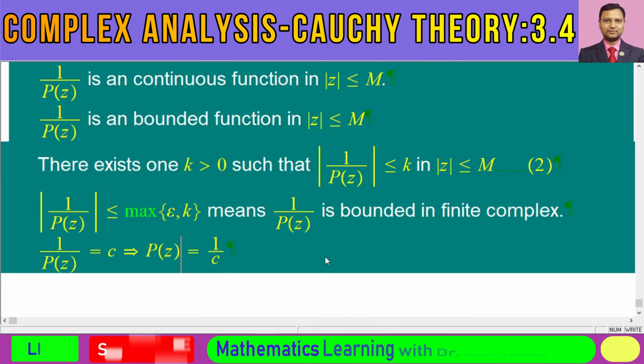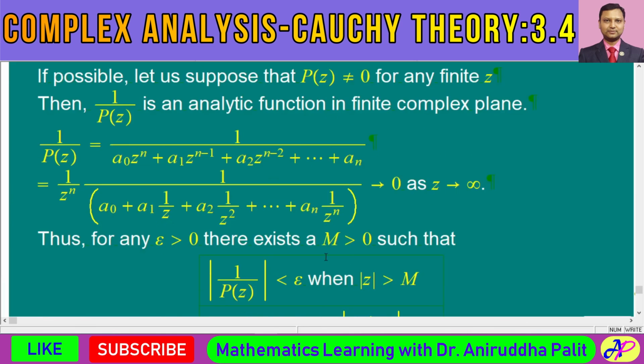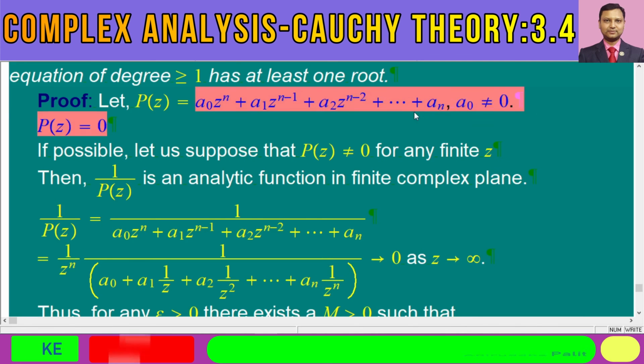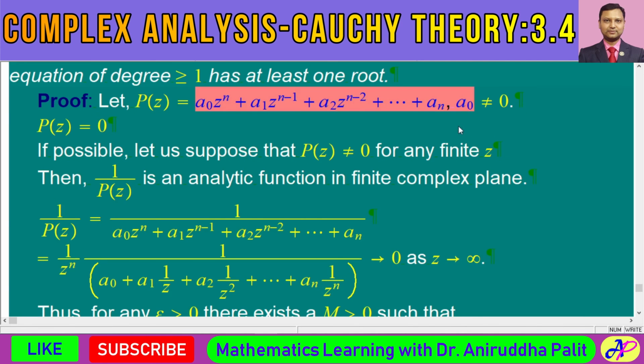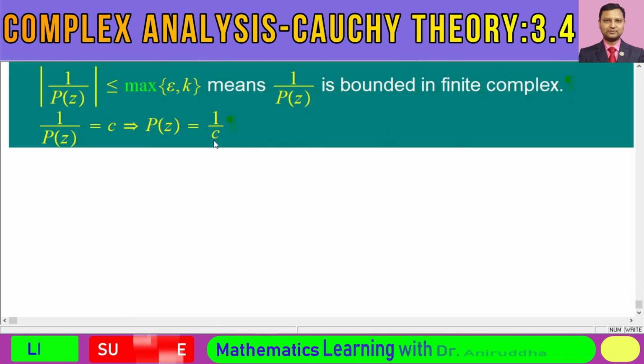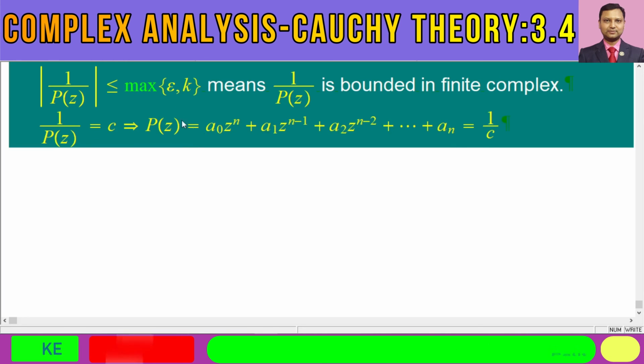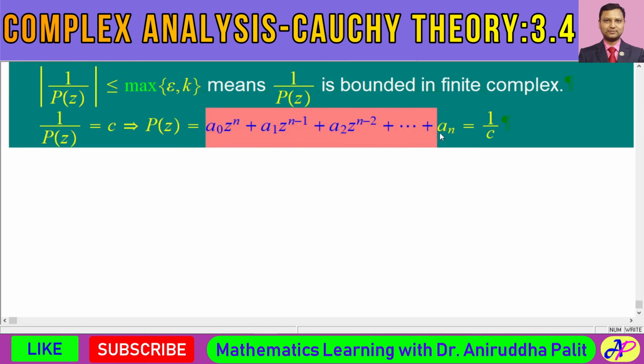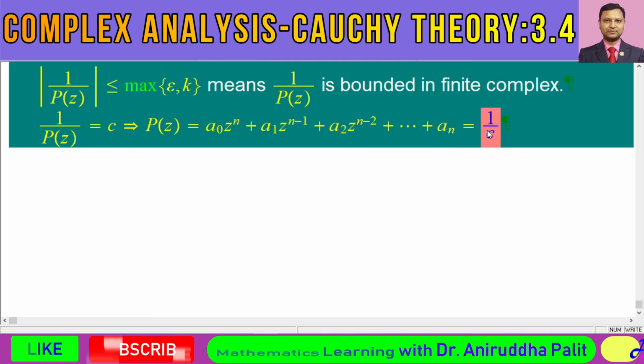You see, what is p of z? p of z is actually a polynomial, this kind of polynomial. And the value of the polynomial should vary as we consider different values of z. It can never be equal to a constant.